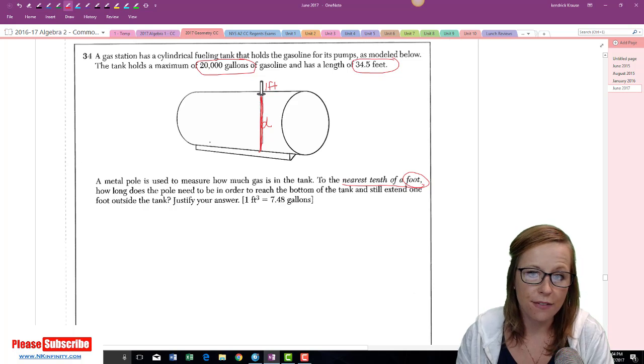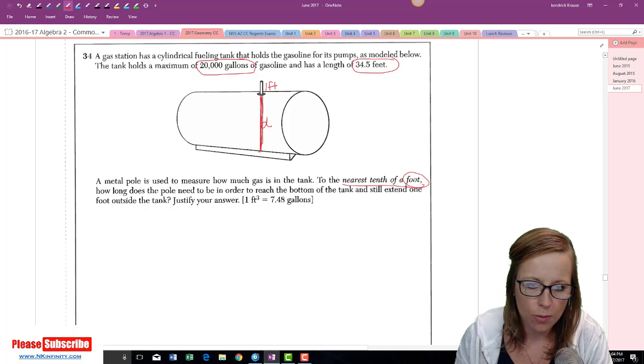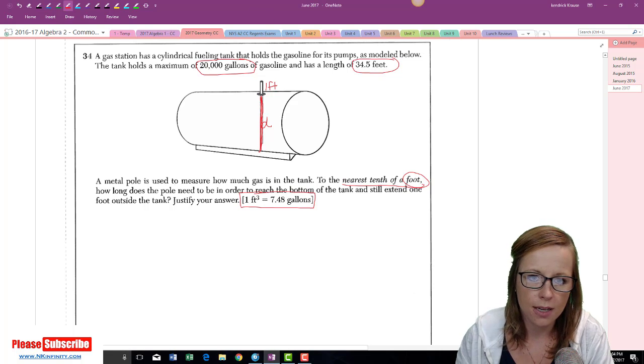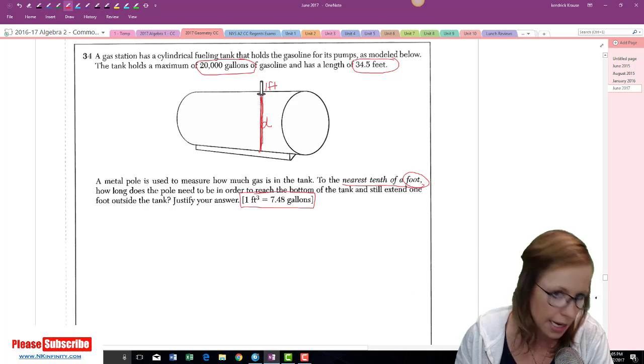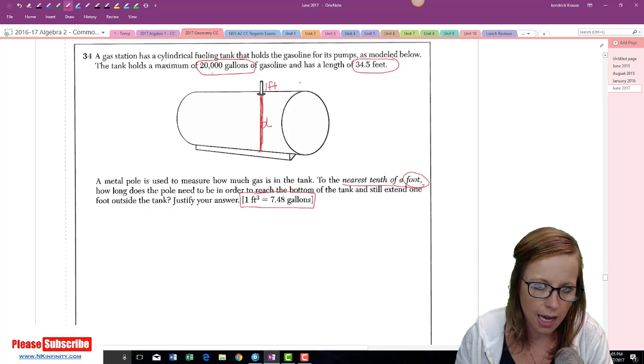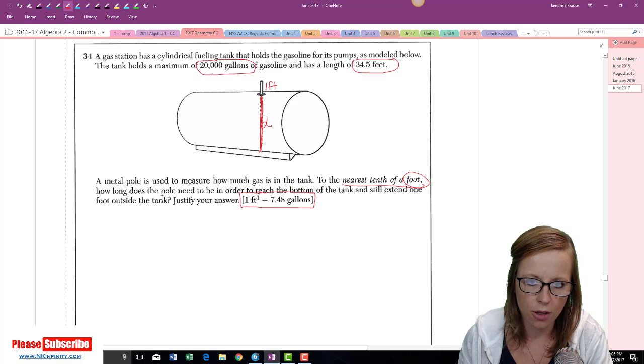So we have the volume, kind of. They do give us here that 1 cubic foot is 7.48 gallons. So I'm going to convert some things here in just a second. So I have 20,000 gallons, and I'm going to convert that to cubic feet so I can use volume and all of that.